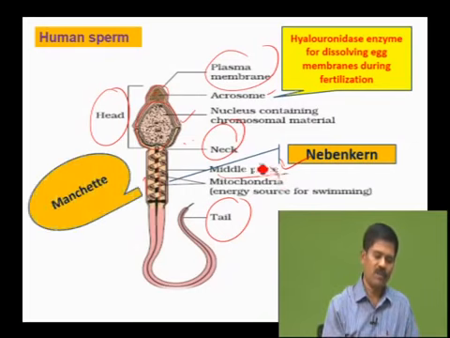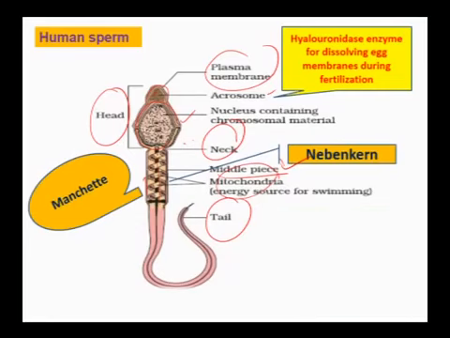The mitochondria present in the middle piece provide necessary energy for the movement of sperms in the female genital tract during fertilization. Then the next region is called tail. Tail is the posterior or distal part of the sperm, distinguished into main piece and end piece. What is main piece then?